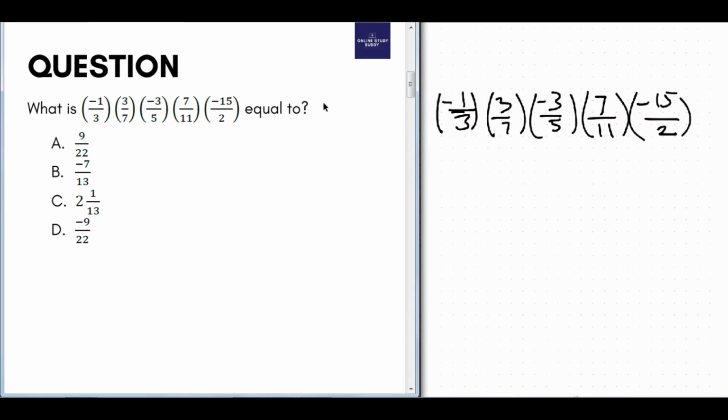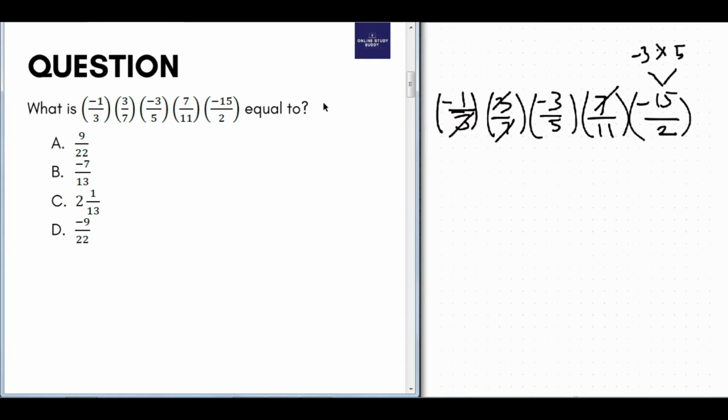So, in this case, we can cancel yung 3. So, negative 1/3 tsaka sa 3 over 7. Then, we can cancel yung 7 sa 3 over 7 at tsaka sa 7 over 11. Then, yung negative 15, product lang siya ng negative 3 times 5.